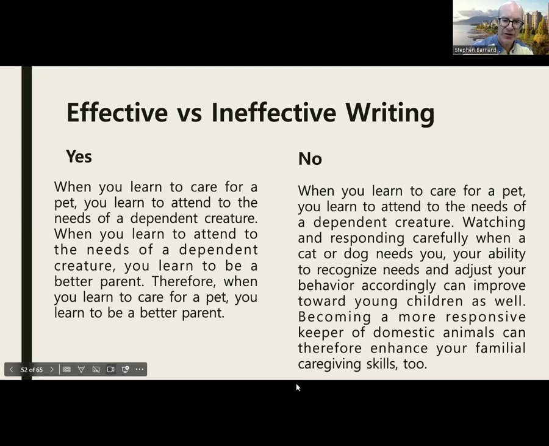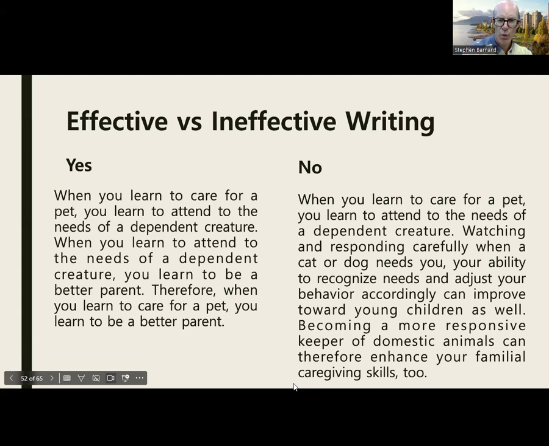You see here, not only is the argument much wordier and verbose than needs to be, but we also don't get the repetition of dependent creature. Instead, the person keeps using different terms. Dependent creature, then cat or dog.